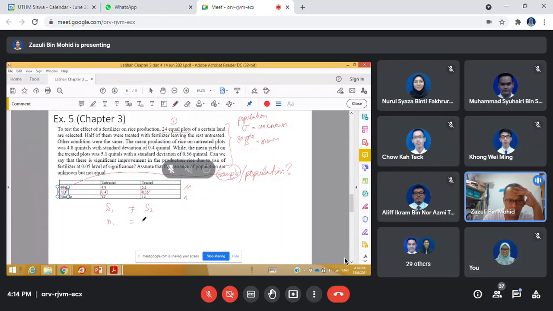N1 equal to N2, and then we have mu1 and mu2. So the mean, we have the value of the mean here. The mean production of rice of the untreated plot was 4.8. Okay, this one is for the untreated. Untreated is mu1 equal 4.8, mu2 is equal to 5.1.